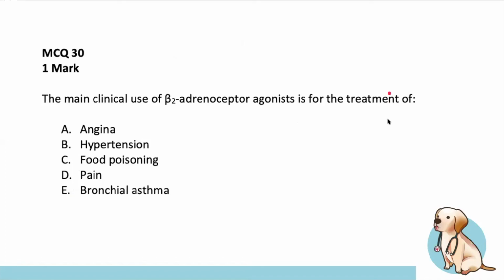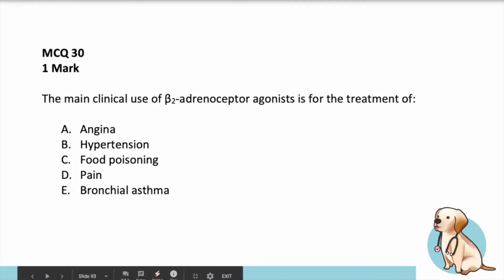The main clinical use of a beta-2 adrenoceptor agonist is for the treatment of... And just in case people don't know, angina is heart pain from exerting yourself too much when you've got a blockage in your coronary arteries.